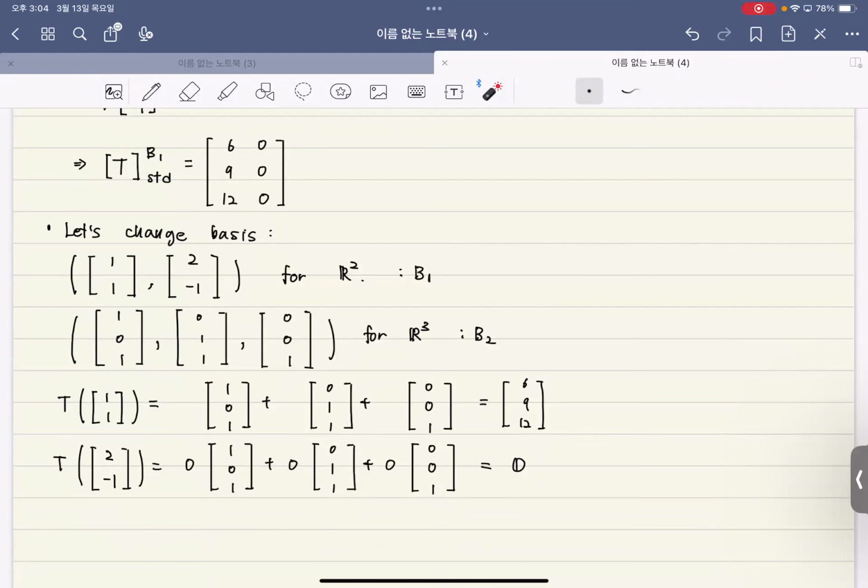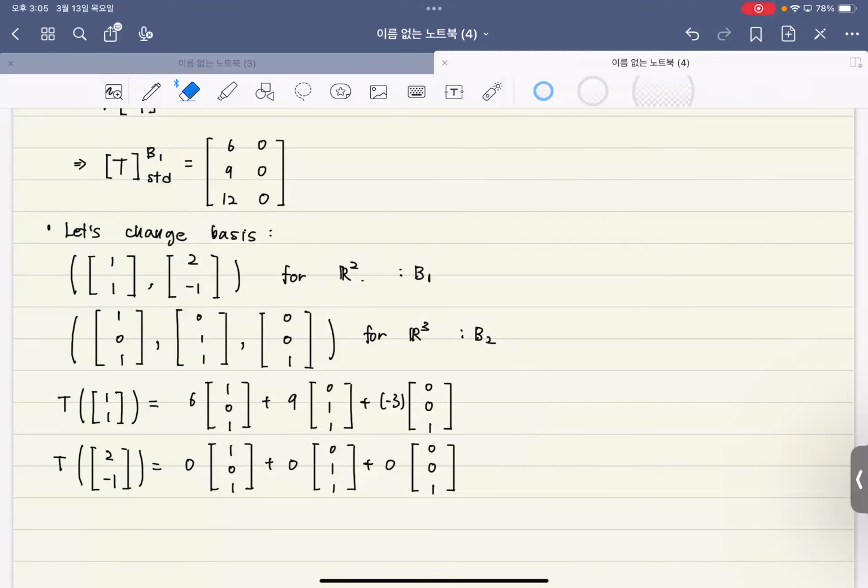And now I wanted to find a linear combination that achieves this vector. Since this is 1, 0, 0, I guess this is 6. And this is 9. And 6, 9, and minus 3, I guess.